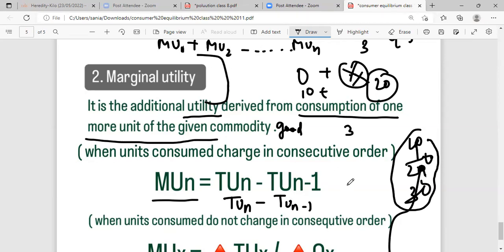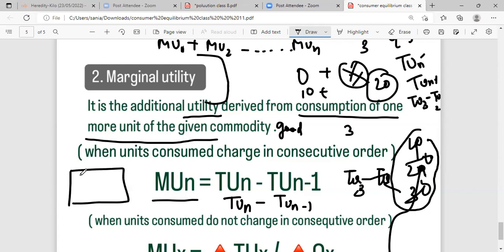TUN will be TU3 minus TU3 minus 1, which is TU2. Whatever the number will be, for example in this table, you subtract the first one from the second one. This is TUN and this is TUN minus 1. The upper one is your N minus 1 and this is your N. Clear?